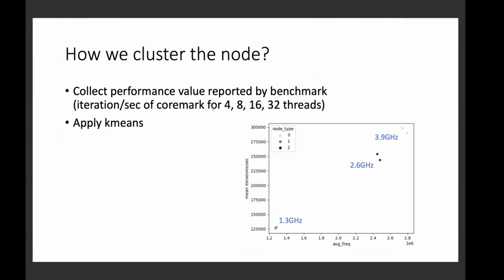I collected data for six datasets, two each for three different CPU frequency settings: 1.3, 2.6, and 3.9, each run twice. So I have six datasets as input. I applied k-means to cluster from the performance, and you can see that we can at least group it correctly.